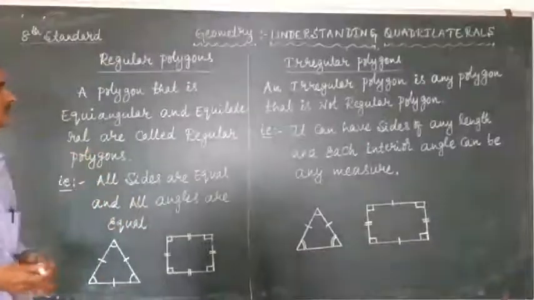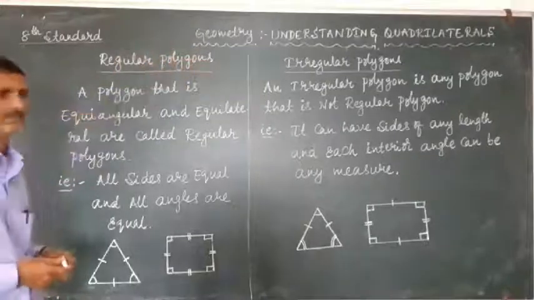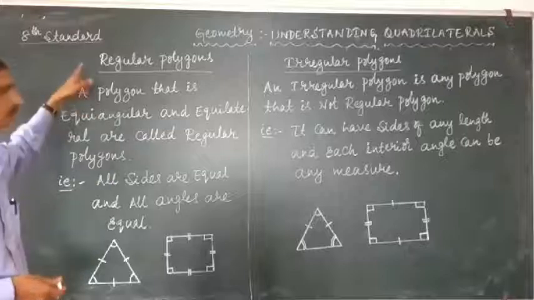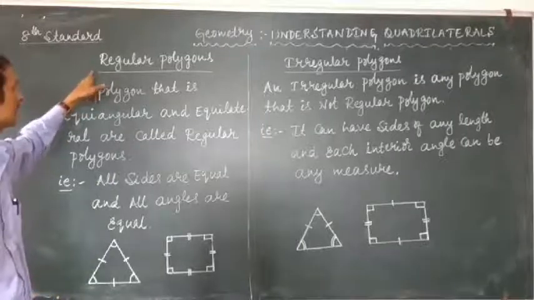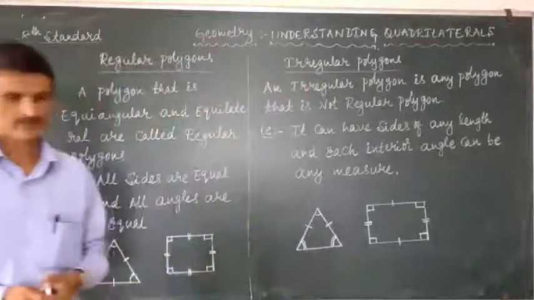So now we shall see the types of polygons. In the types of polygons, there are regular polygons and irregular polygons.